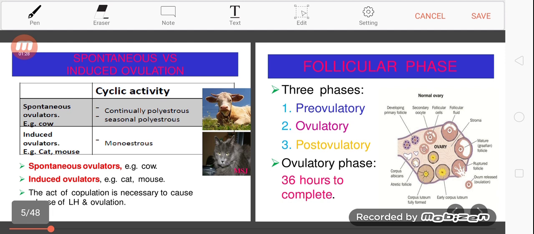However, for induced ovulators, such as the cat here, the cat will have their estrous cycle: proestrus, estrus, metestrus, and diestrus.